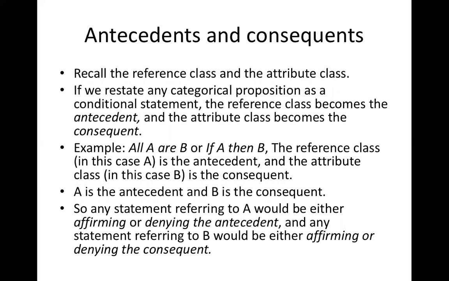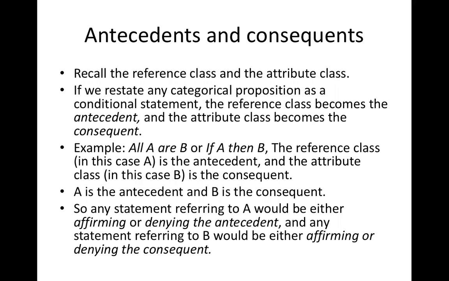Now, this is the last technicality we need to know, because this is the technicality we use to do deductive reasoning, to identify kinds of deductive arguments: the antecedents and the consequent. Whenever you look at a major premise, I told you how to identify what I call a major premise.